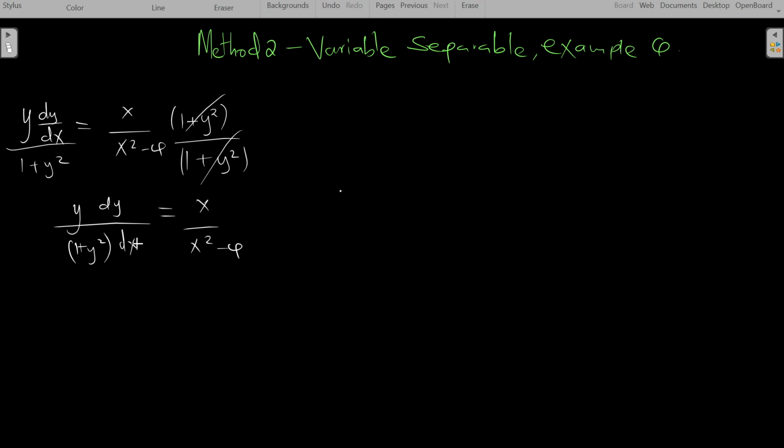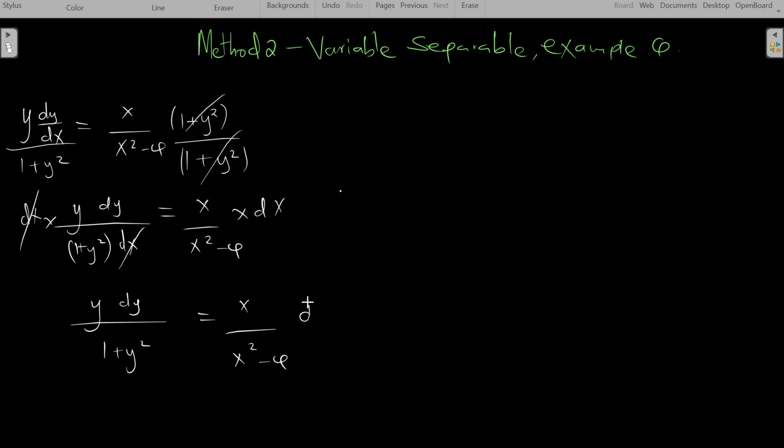To get rid of this dx, I'll multiply by dx to this side. Now this cancels, and we are remaining with y dy divided by 1 plus y squared equals x divided by x squared minus 4 dx.